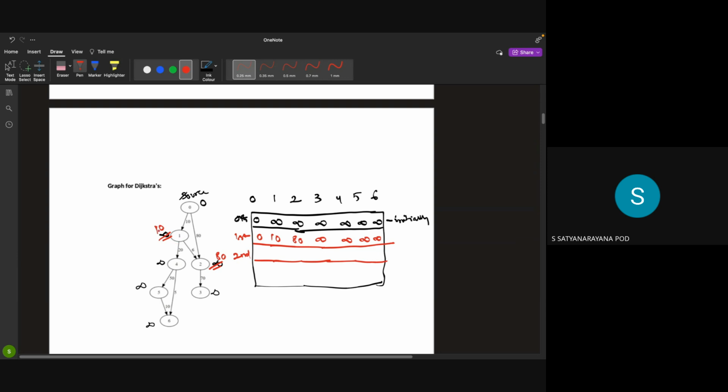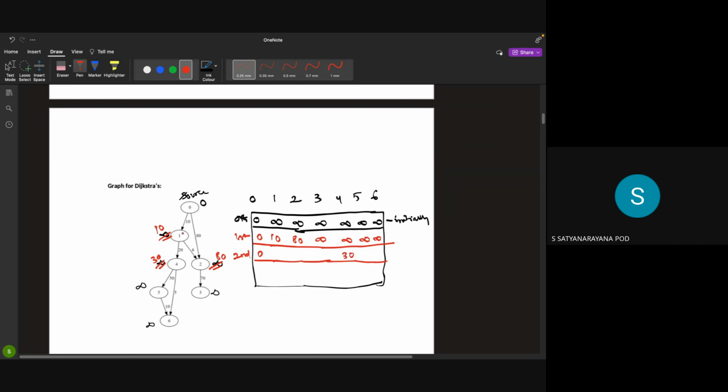We already reached 1 with 10, and 10 plus 20 is 30. Is it less than infinity? Yes. So the reachability of 4 is 0 to 1, 1 to 4, which is 30. Don't worry about the remaining things; we'll update them very soon. So 0 to 4 is 30.